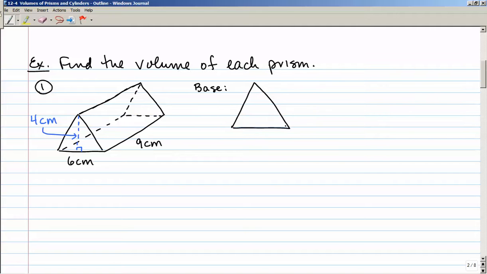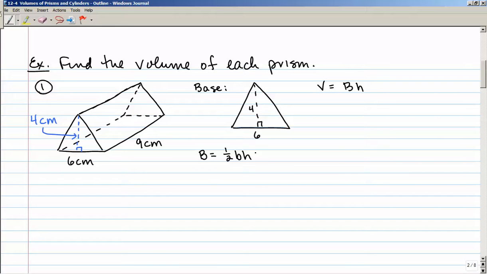And I'm going to go ahead and draw it in 2 dimensions. This is 6 centimeters, and the height is 4. So my formula, volume equals area of the base times the height, first thing I need to do is find the area of that base. So my base is a triangle, so I'm going to use the formula 1/2 base times height.